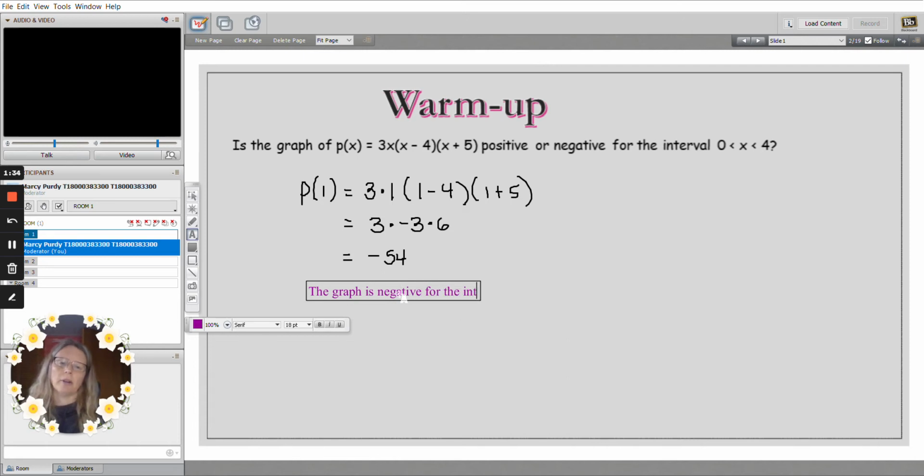And also remember that what that means is that the graph sits below the x-axis, and it also means that your y values are also all negative for that interval, for between 0 and 4.